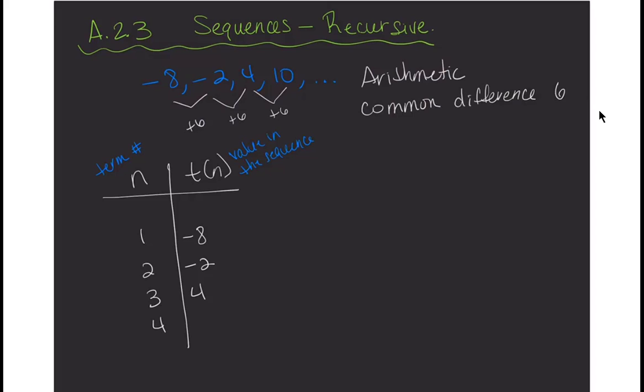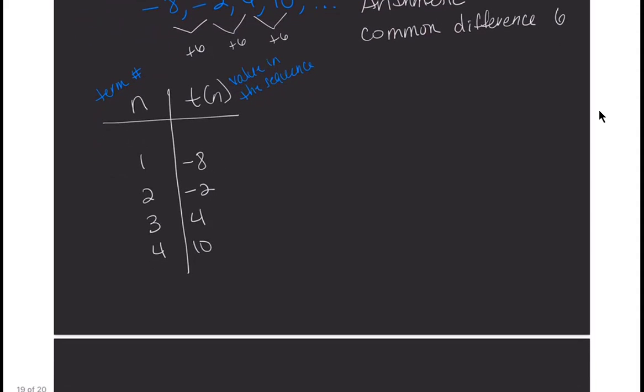My fourth term is 10. Right? So my question is could we actually keep this going? So 5, 6, 7, 8, 9, and find out the 10th term. So granted, we could go through and we could keep adding 6 until we get to the 10th term. Or we could try and come up with an equation and see if that might be a little bit quicker.